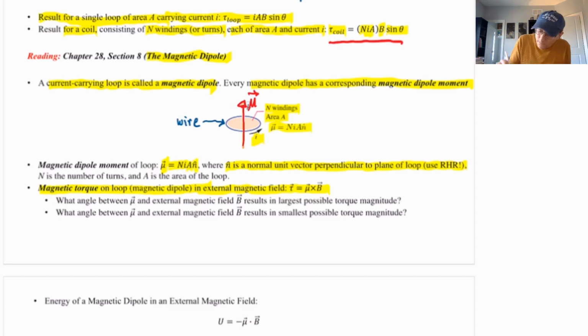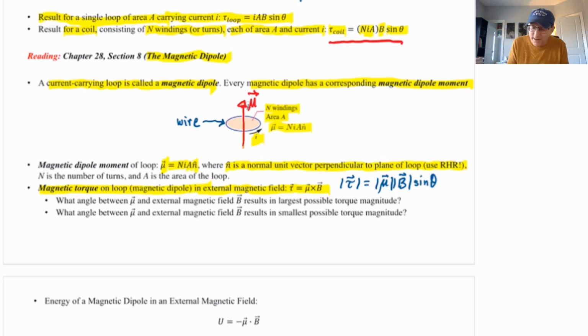Notice then that the way to get the magnitude of the torque would be to take the magnitude of the magnetic dipole moment times the magnitude of the magnetic field times the sine of the angle between mu and B, which is what we're calling theta. And then to get the direction of the torque, just do the right-hand rule for mu cross B.